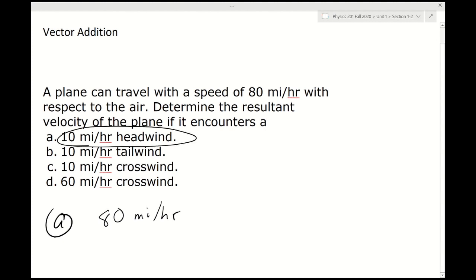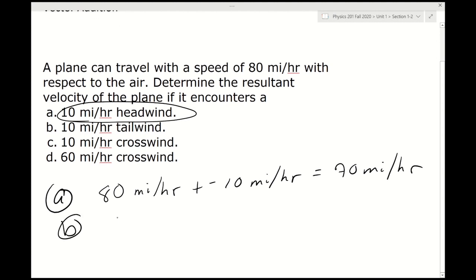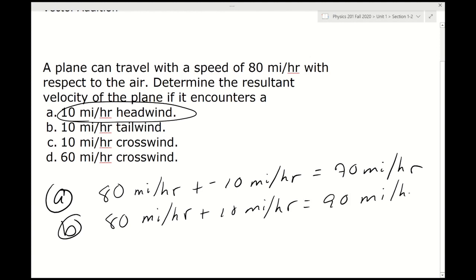A headwind means it's in the opposite direction, plus a negative 10 miles per hour, which is going to be a total of 70 miles per hour. If it's a tailwind, that means it's pushing on the back of the plane. So we have a resultant of 90 miles per hour.